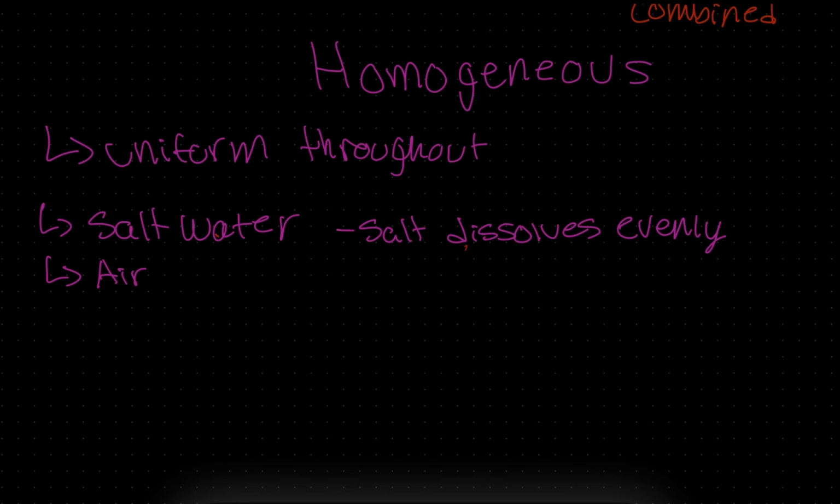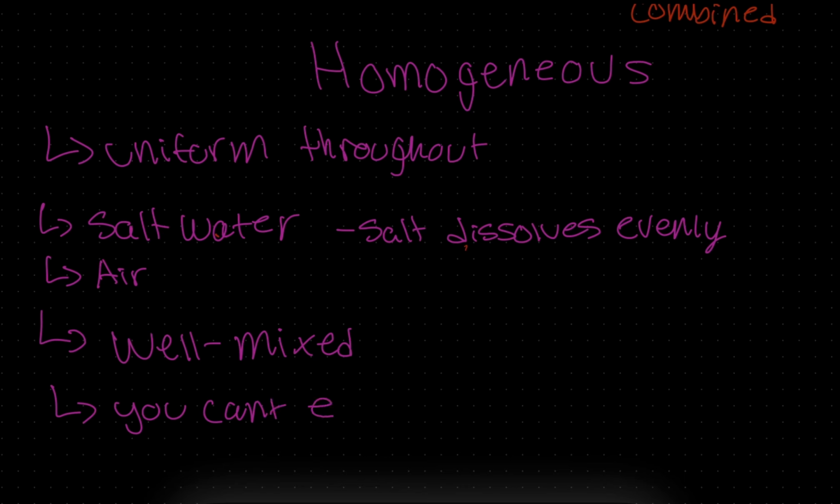The key idea is that homogeneous mixtures are well mixed, which means you can't easily tell what's in them by just looking. So that's homogeneous mixtures. Homogeneous mixtures are, in my opinion, the easier one. They're pretty simple, right? So let's go on to heterogeneous mixtures.